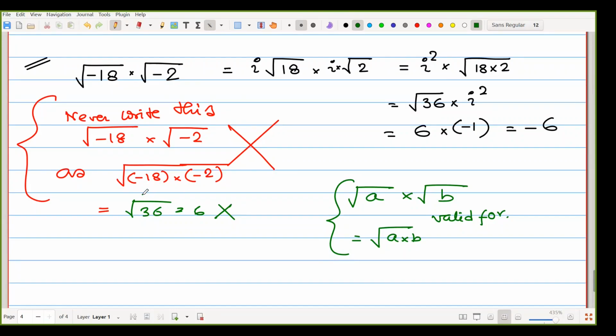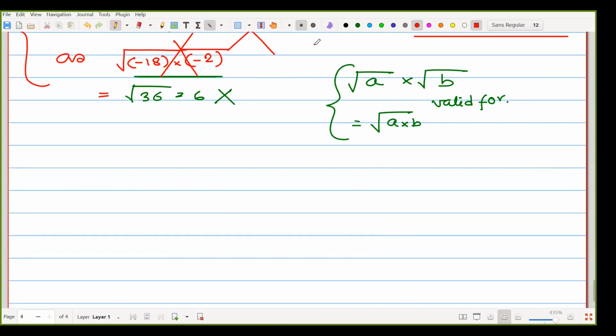Okay, that's why never write that one. It's completely wrong. Never write square root of minus a into square root of minus b as square root of a b in that way. The main way is always to transform it into the imaginary number, then do the proper calculation.